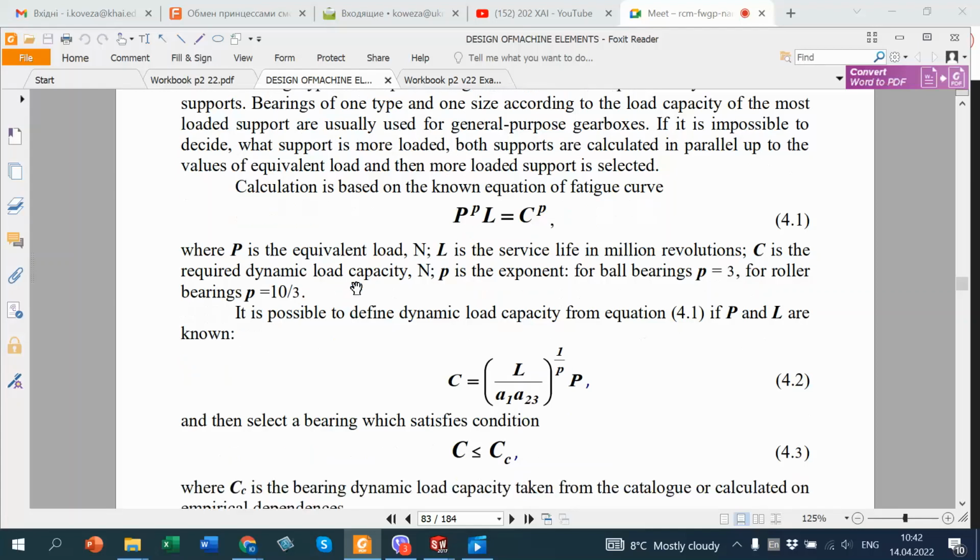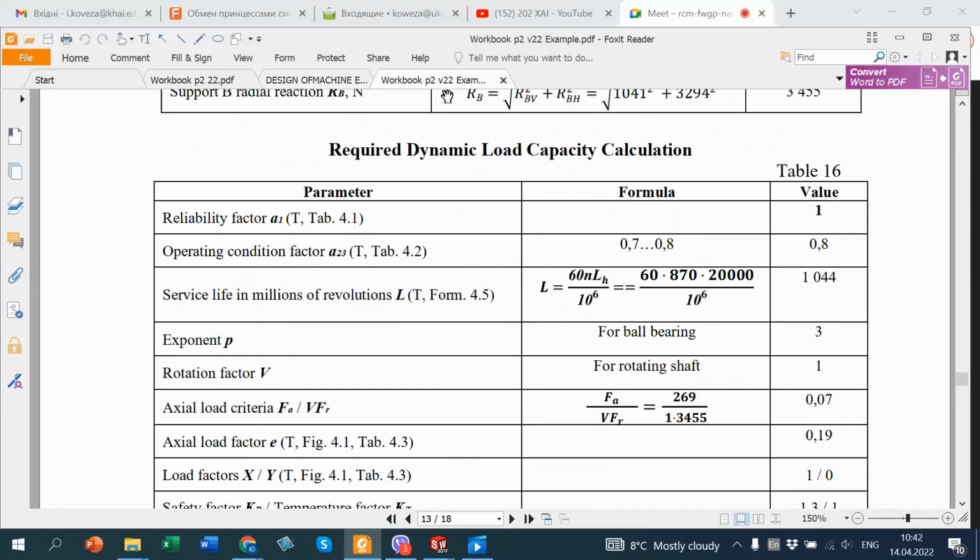Because in our case we use ball bearing, exponent is 3. If you need to change from ball bearing to roller bearing, you should change this 3 to 3.33.